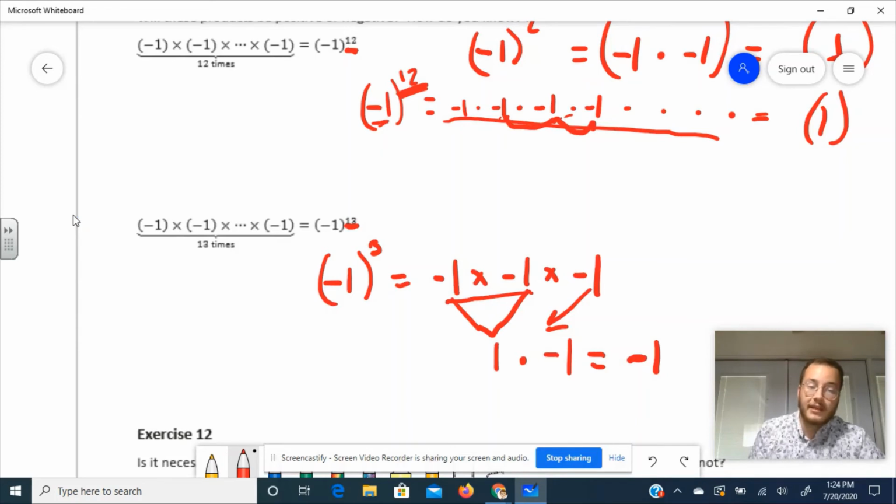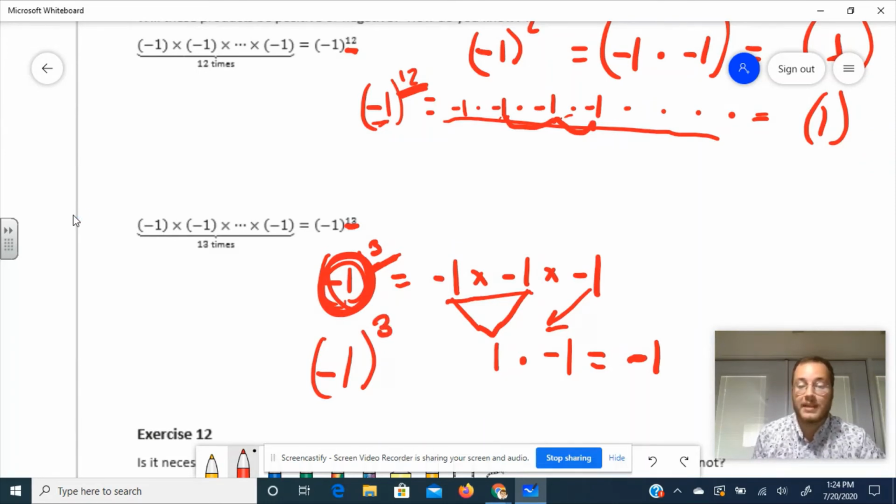So what that says is, whenever you have an odd exponent, if you have a negative number inside the parentheses and the exponent is odd, your product will always be a negative number.